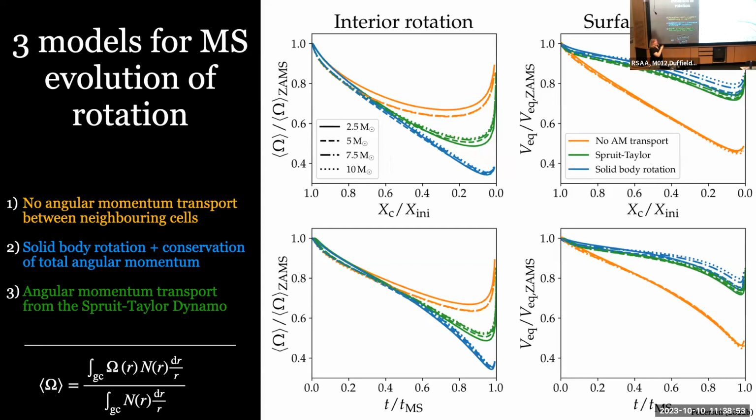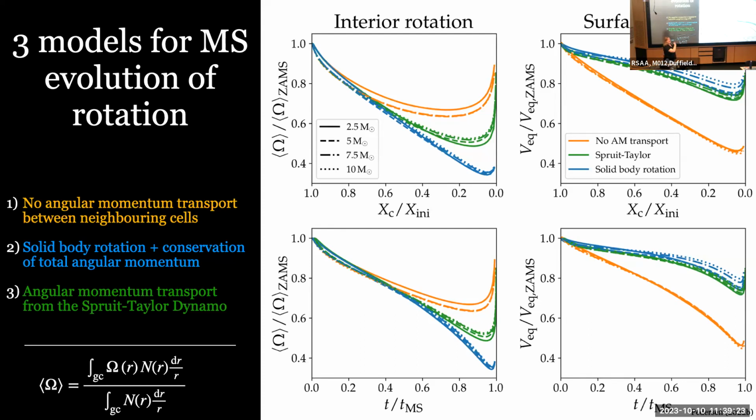And this interior rotation, we're measuring as the average rotation that we expect these gravity modes to experience throughout the interiors of the stars. And so really what I want you to take away from this is that independent of what kind of angular momentum transport scenario we're looking at, in all cases, we see a decrease in the rotation rate of the star as they become older.